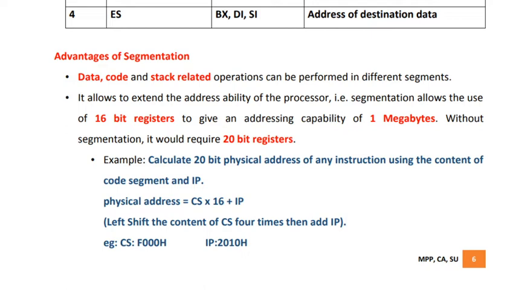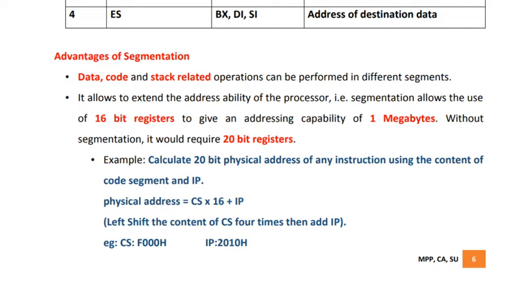In order to calculate the physical address, first we left shift the content of CS by 4 bits, and then we add the content of IP. So we multiply the content of CS by 16 and then add the content of IP.